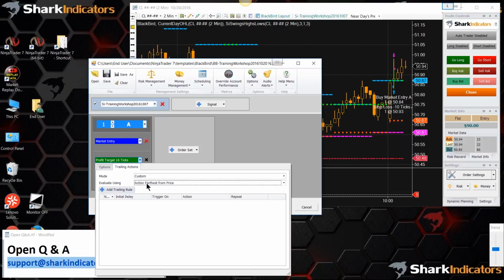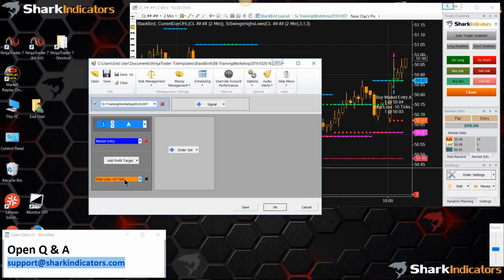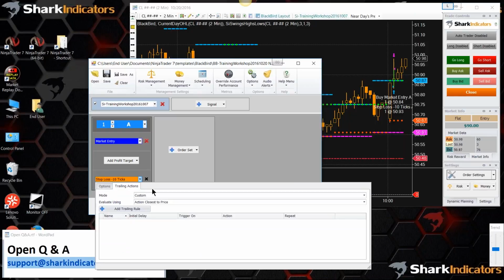More ticks in profit. So moving your profit target away, or using furthest from price, is probably more common for profit targets. But of course, that all depends on the type of trader you are, the type of trading you're doing. So, all right, anyways, let's go back into our stop loss here.